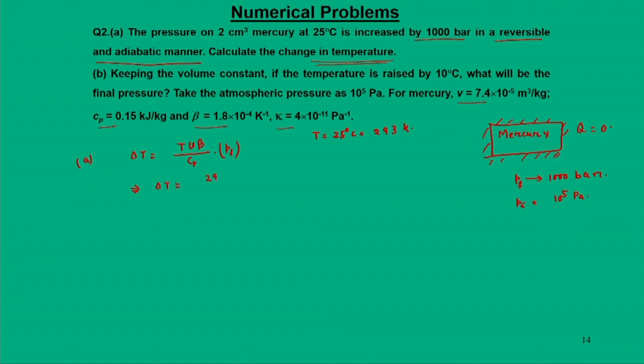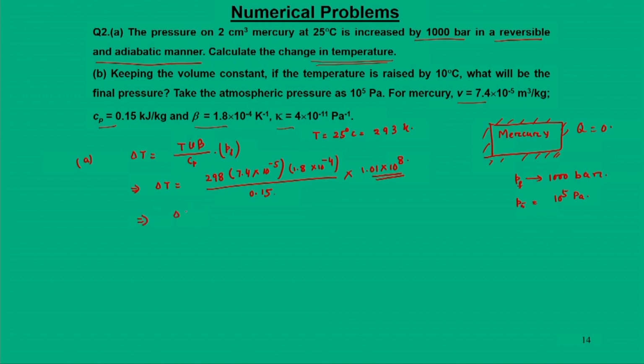So, we will have to insert this value, where we can say delta T will be 298 into 7.4 into 10 to the power minus 5, beta will be 1.8 into 10 to the power minus 4, divided by 0.15 into 1.01 into 10 to the power 8, okay, because Cp is in kilojoule.